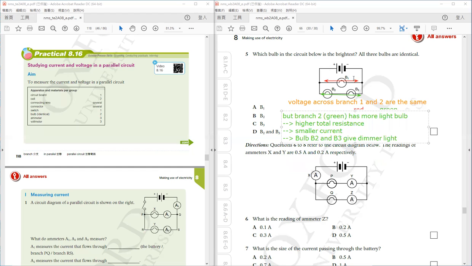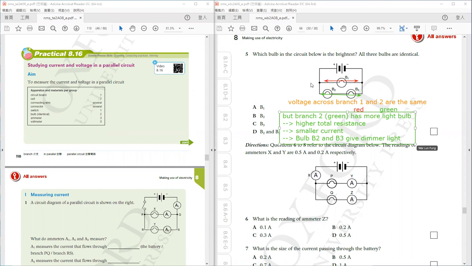I expect you to be able to understand these concepts. If you don't understand, you can watch it slowly on YouTube and replay it several more times.